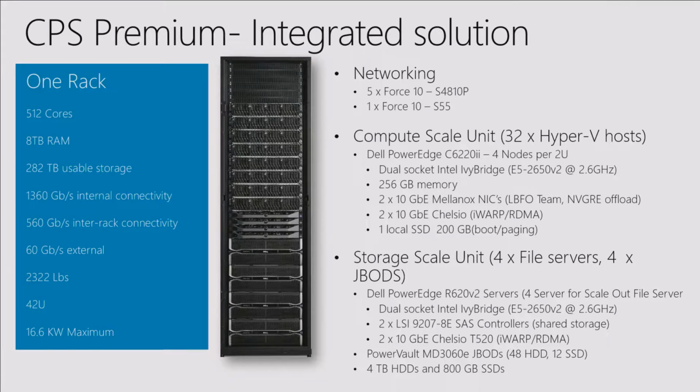Each rack comes with 512 cores, 8 terabytes of memory, and 282 terabytes of usable storage. It weighs about 2,200 pounds, the same size as a baby elephant. That's what Vijay used to call it. But it's essentially an integrated solution. Once it lands in your data center, it's fully deployed and ready to go. All you need to connect is the broader network. It comes with switches as well as load balancers.